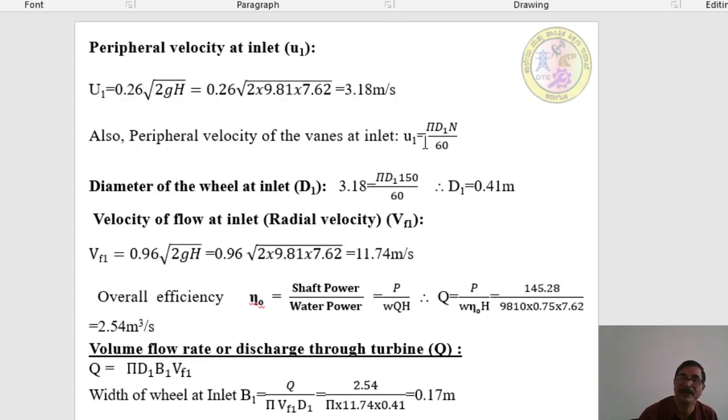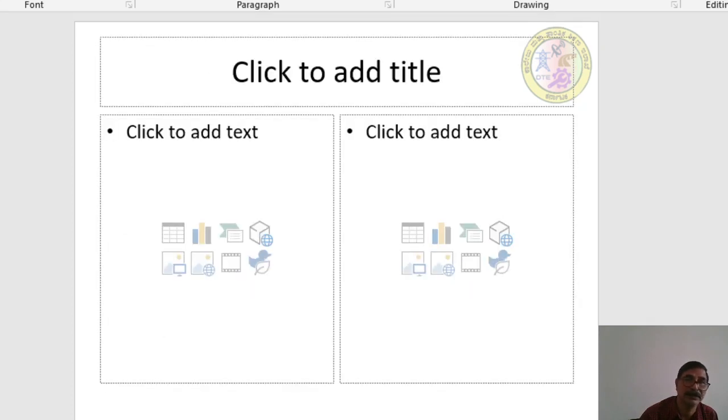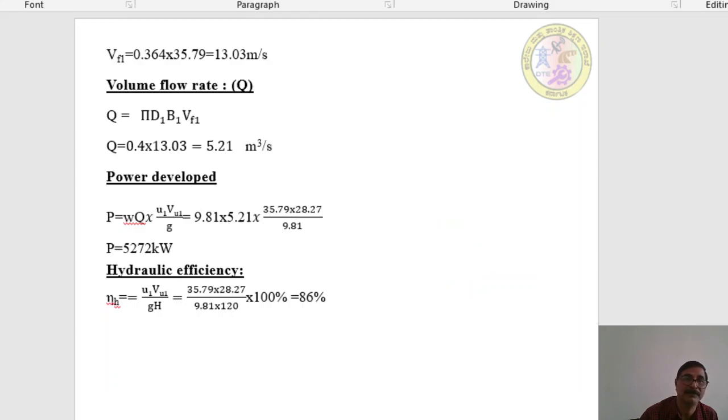From this, you can calculate velocity Vf1, and volume flow rate or discharge is given by the formula. Then the width of the blade at the inlet. The answers are Q is equal to 5.21, power developed is equal to 5272, and hydraulic efficiency is 86%. That's all about the Francis turbine.